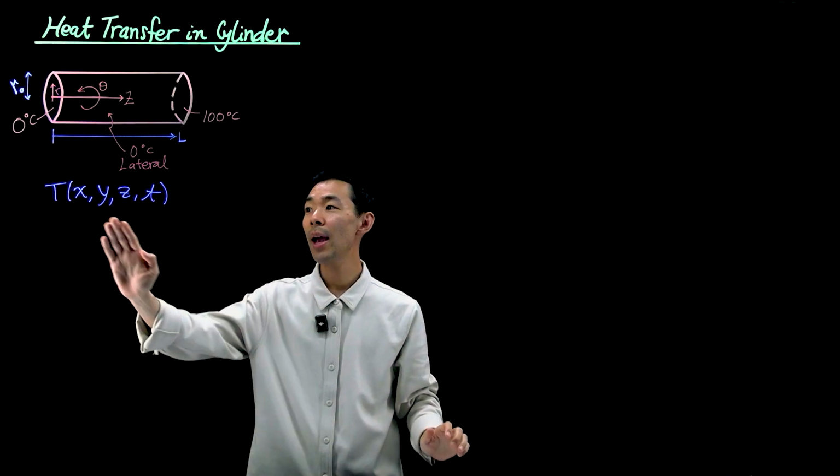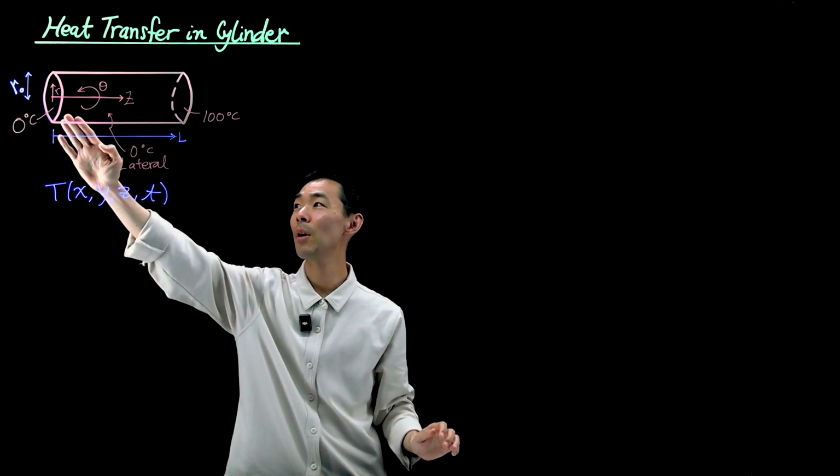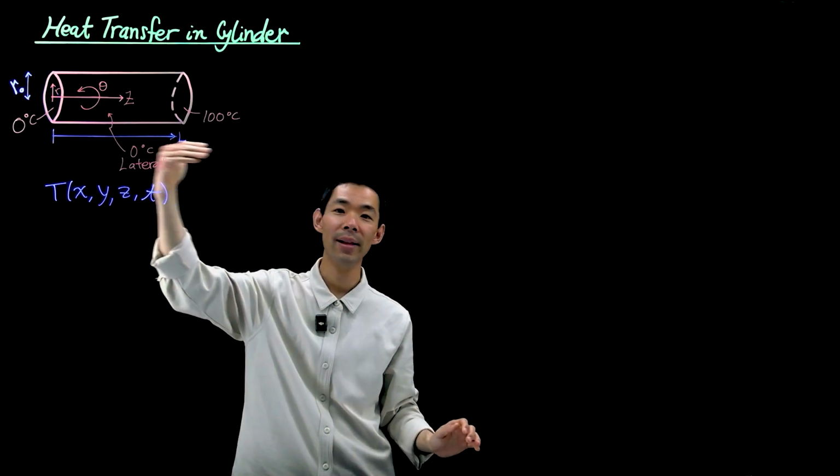So in general, x, y, and z would be replaced with the cylindrical coordinate system of r, theta, and z.